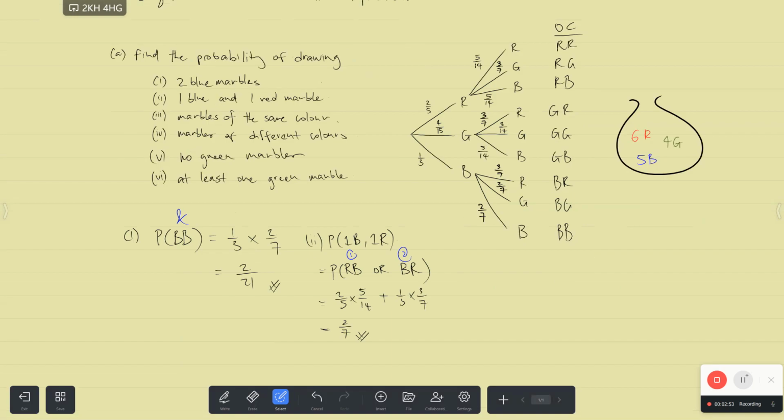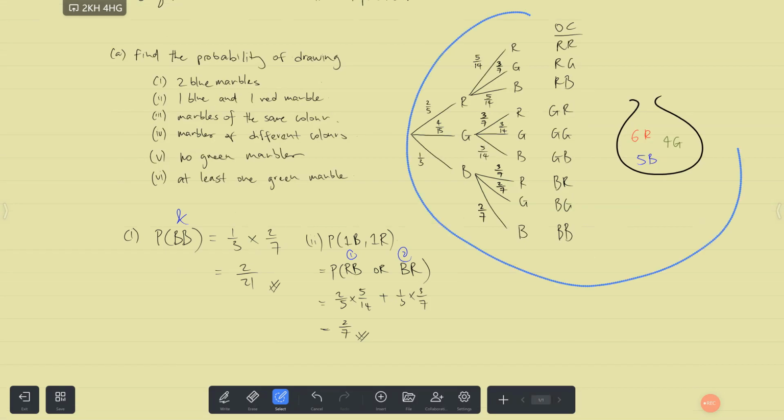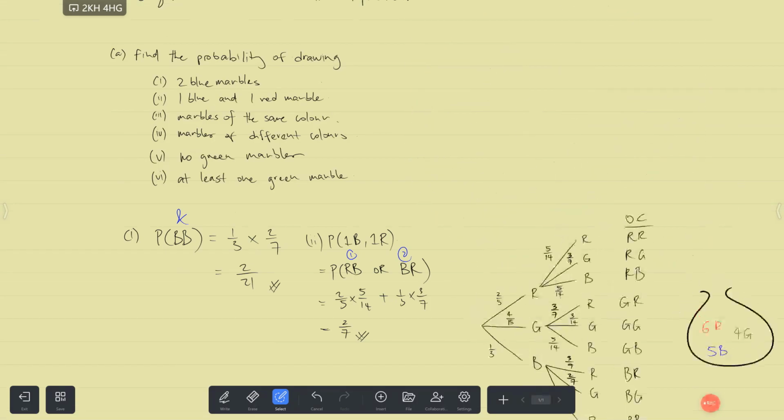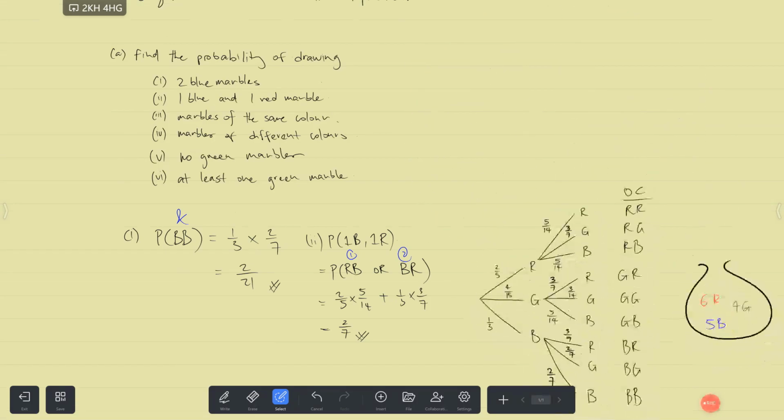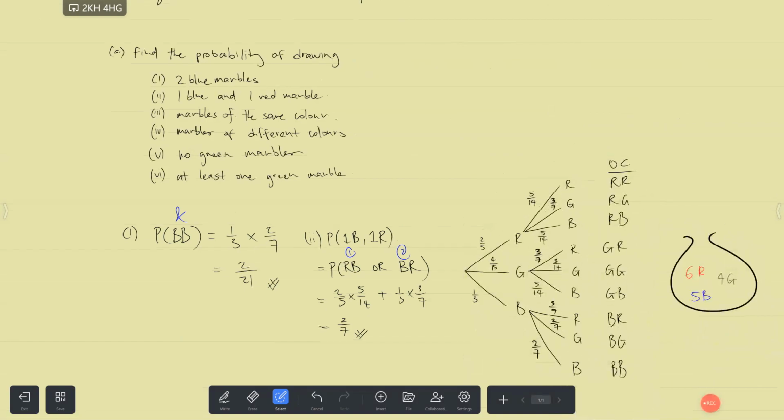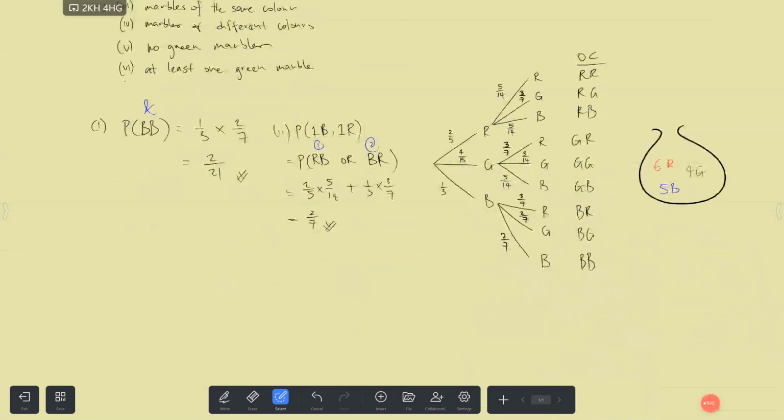Next question. Find the probability of drawing marbles of the same color. So let's try this question. There are 3 ways we can have this outcome: red, red; green, green; and blue, blue.